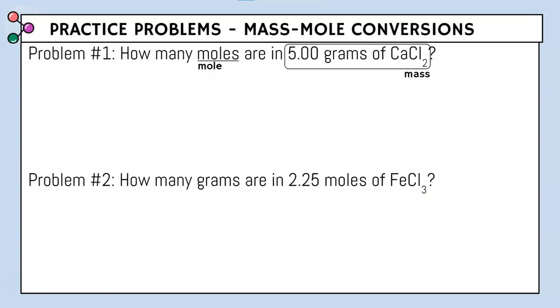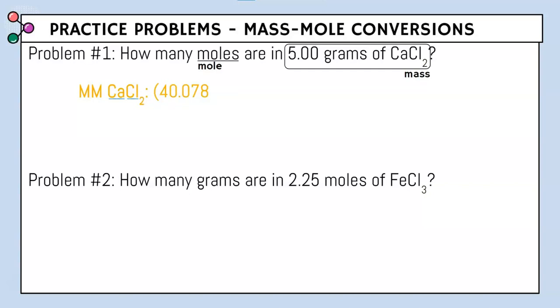Now, first thing for any of these problems is we have to calculate the molar mass of the compound we have. Just like we've learned before how to do molar masses, same process. The compound we have is CaCl2, so let's find the molar mass of CaCl2. First we underline our two elements, which are Ca and Cl. Finding Ca on the periodic table, the atomic mass of Ca is 40.078.